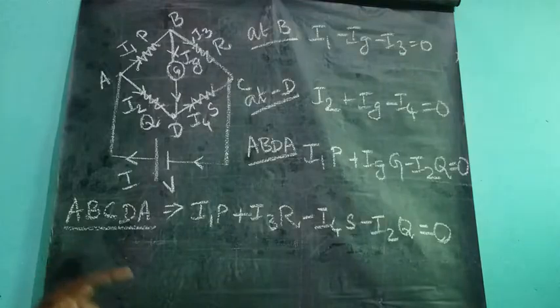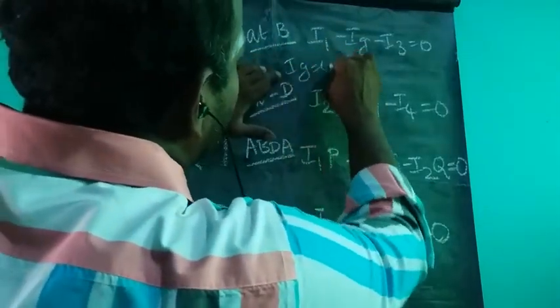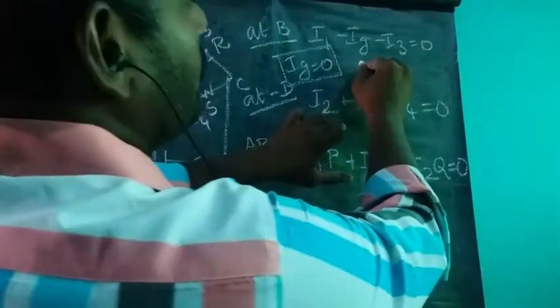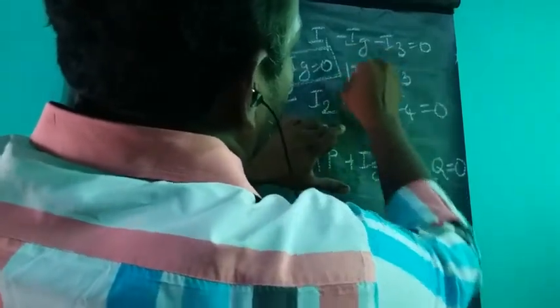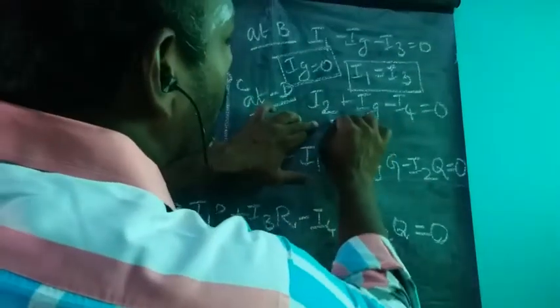So when I consider IG is equal to 0, what happened to this one? I1 is equal to I3, first assumption. Second, I2 is equal to I4.